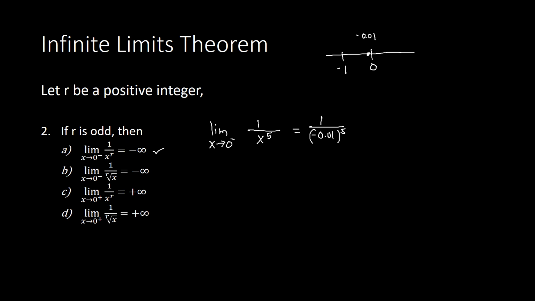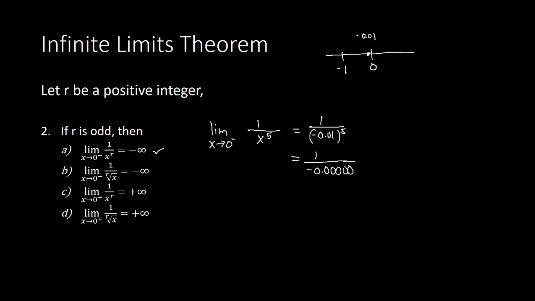So if you have 0.01 being raised to our power, which is 5, you will be getting 1 over negative 0.0000000001.